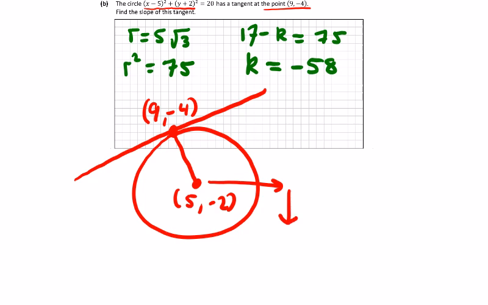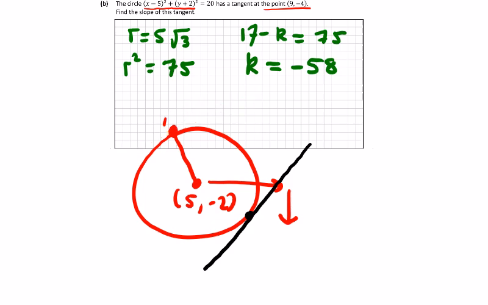So just be careful. I might just change the position of 9, minus 4 somewhere over here. So this is the tangent over here somewhere, 9, minus 4. So the slope between the center and the tangent is negative. Let's just find that slope first.